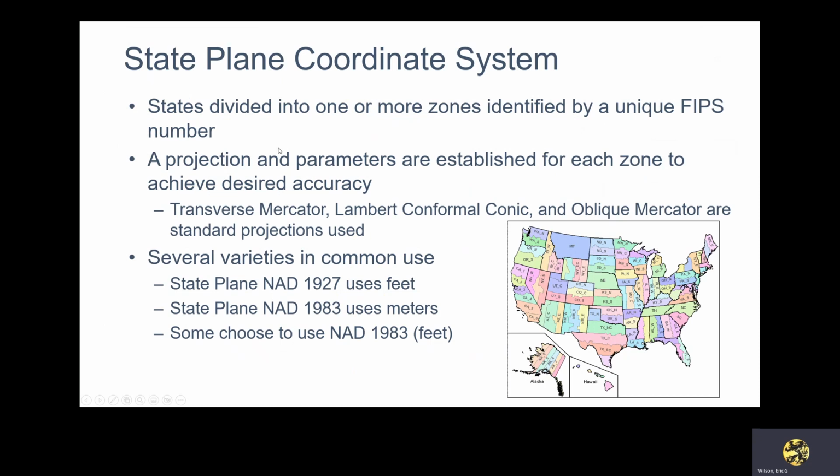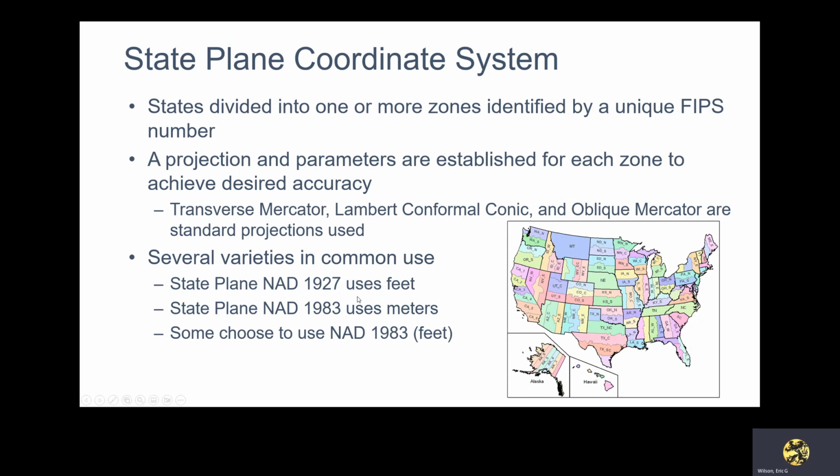The state plane coordinate system, you can see a map of the state plane coordinate zones on the right there. You can see that some states have multiple state plane coordinate zones. The states that are divided into more than one zone tend to use different datums or projections depending on what they need to do.